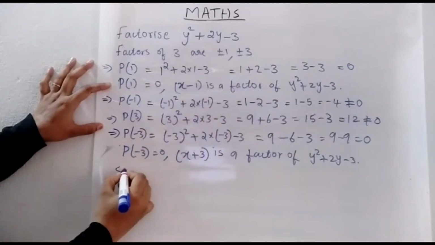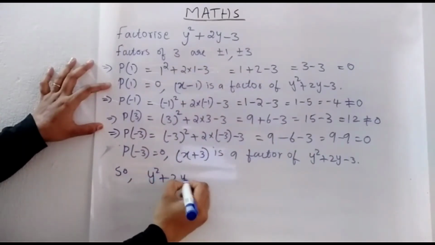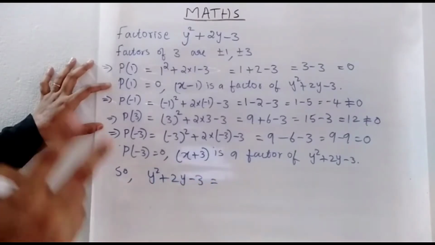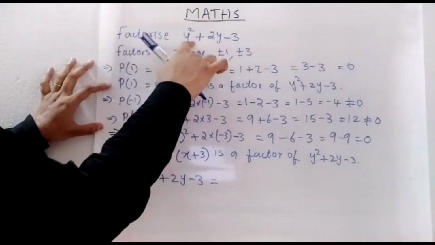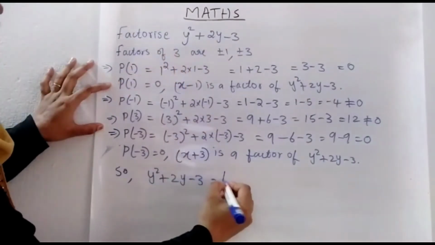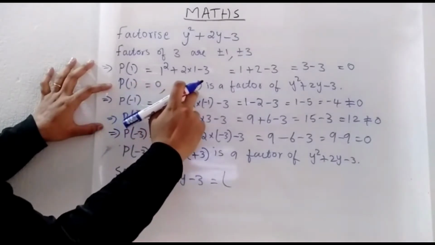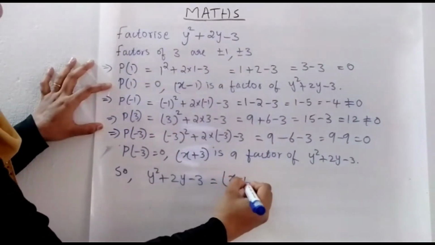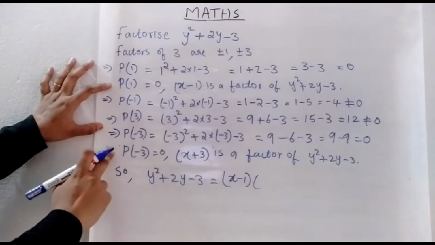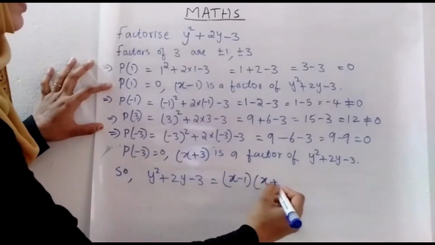So y square plus 2y minus 3 is equal to what? We got two factors. For a quadratic polynomial, we can write a maximum of two factors. P of 1 is equal to 0, so y minus 1 is a factor. Another factor: P of minus 3 is equal to 0, so y plus 3 is also a factor.